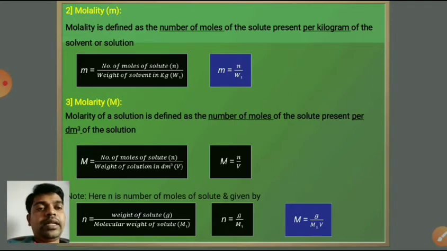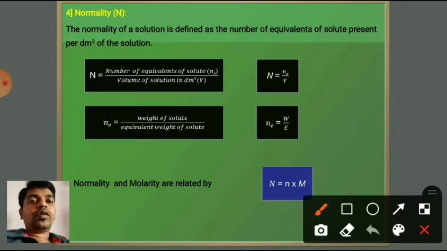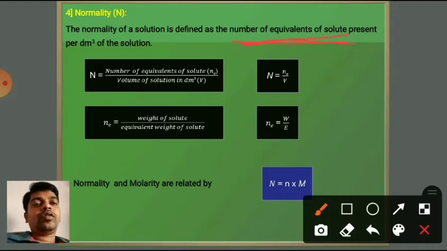Now let's see the next one. The next one is normality, and it is represented by N. The normality of solution is defined as the number of equivalents of solute present per dm cube of solution, or per liter of the solution. So this is the definition of the normality of a given solution.